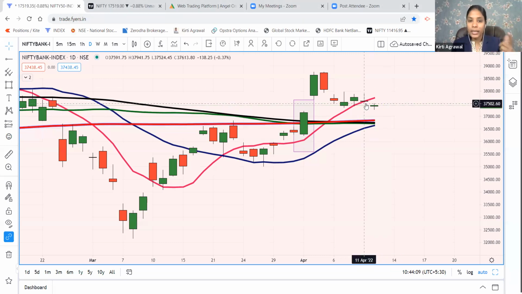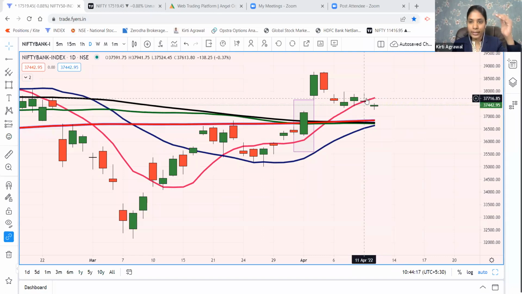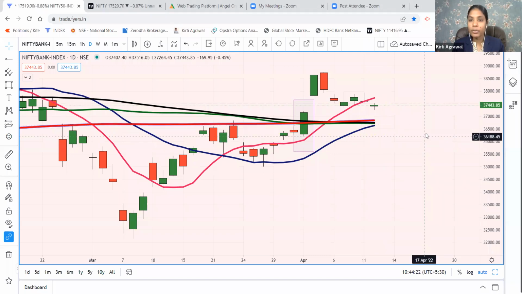Yesterday also, Bank Nifty did not fall that much, it only lost its intraday gains, but it was not red. In Nifty, profit booking has come; people are booking profit significantly in Nifty, right?